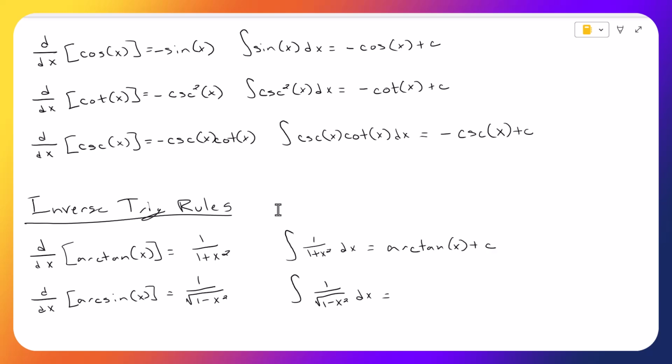If we take the antiderivative of that, it's going to give us arcsine of x plus c. And you should know the other ones as well, like cosine inverse, all the other ones that I gave you. I think I gave you more than just the 3. But for now, these are the 2 that I'm putting in this video.